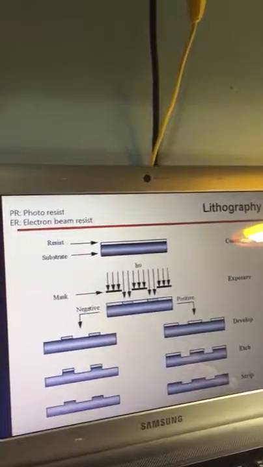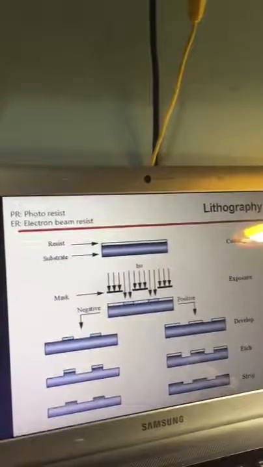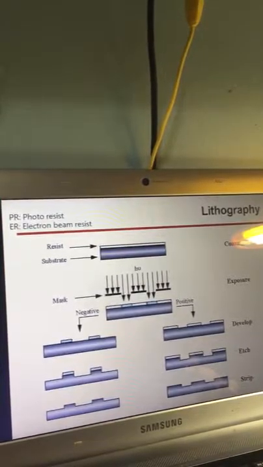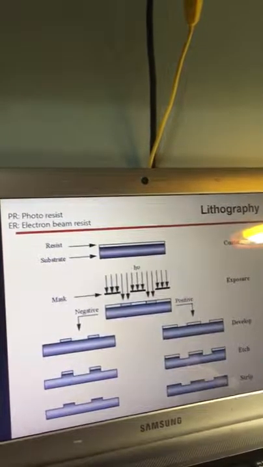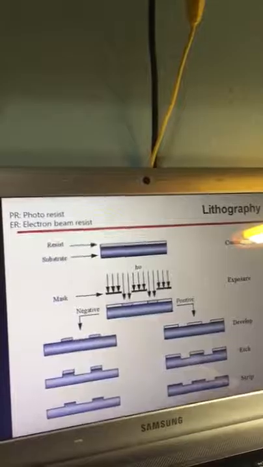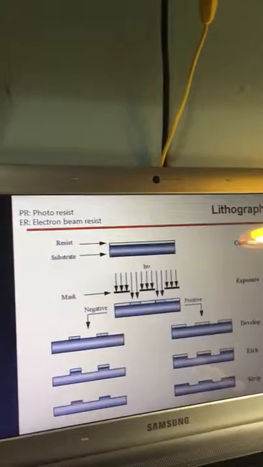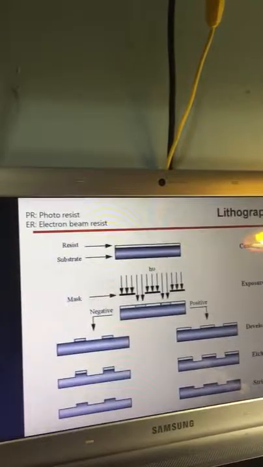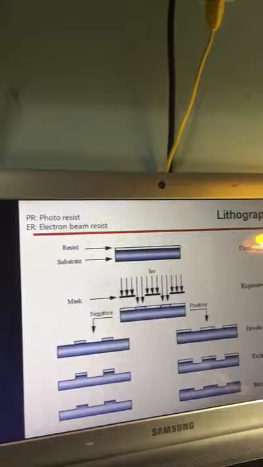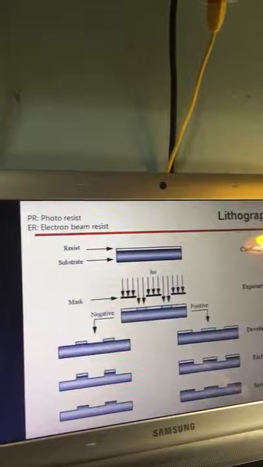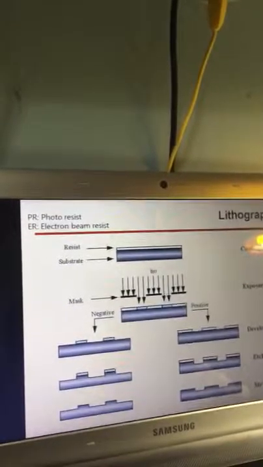On the other hand, with negative photoresist, the exposed part does not dissolve in developer. Both methods are used in the field of wafer fabrication, but positive resist has better resolution than negative resist, so it is widely used.